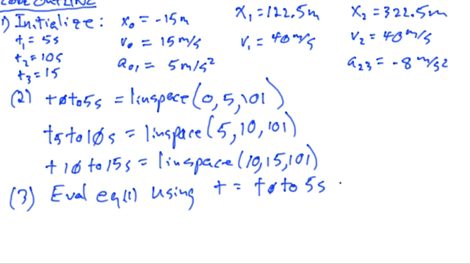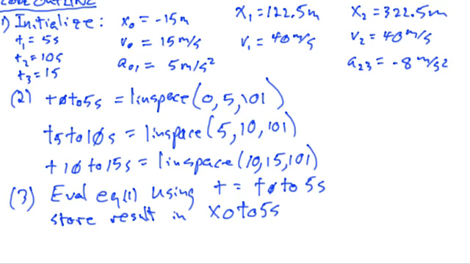So put the result in, I'll go x0, and I'll go ahead and say store result. Store result. And I'll call it x0 to 5 seconds. So that'll give me the values of x from time 0 to 5 seconds.